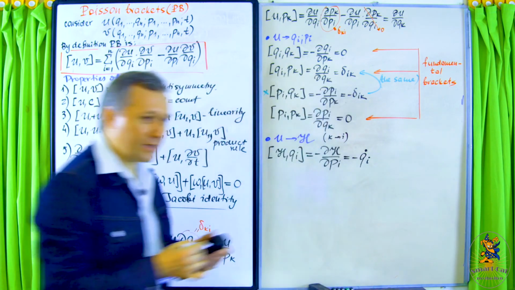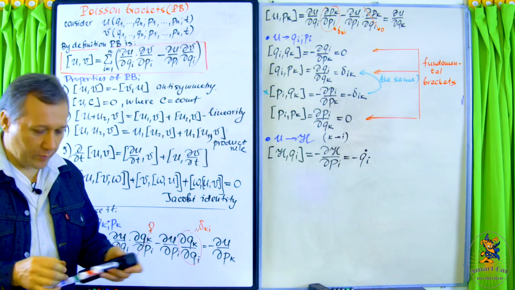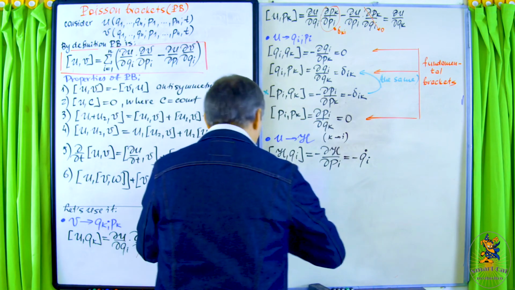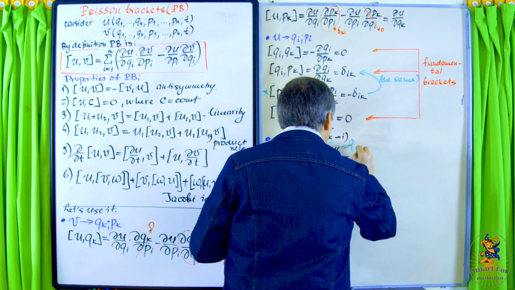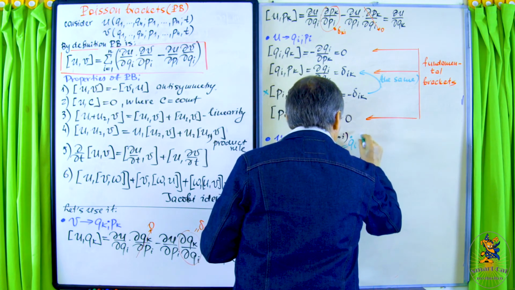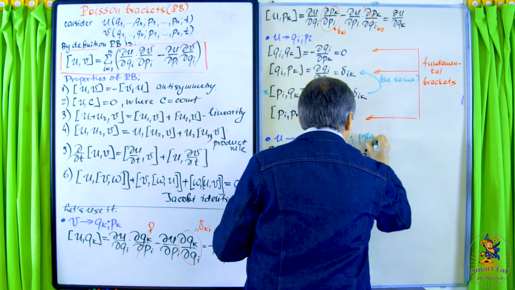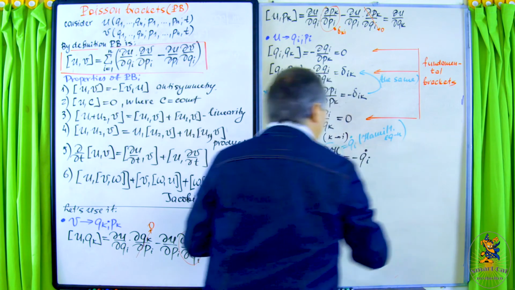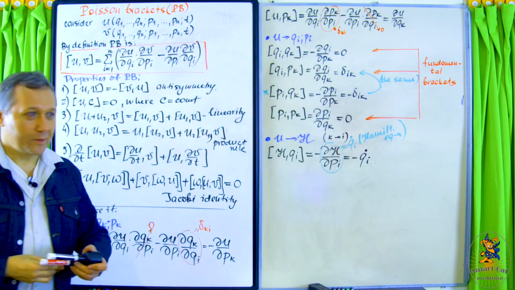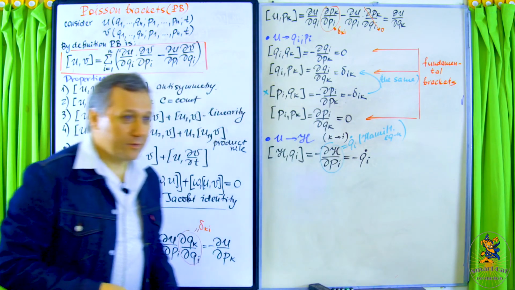It's the first Hamilton's equation, so let me remind you: this is equal to q_i dot.